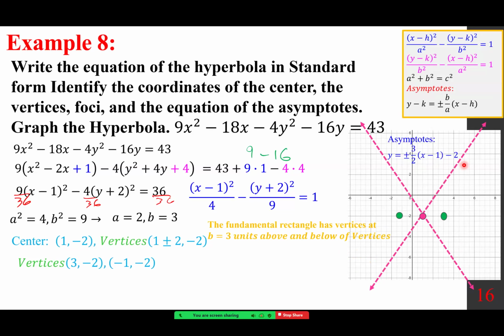And the fundamental rectangle has vertices at b equals 3 units above and below the vertices. Those are the 4 corners, the 4 points. Wherever the vertices are, you go up and down by b units.